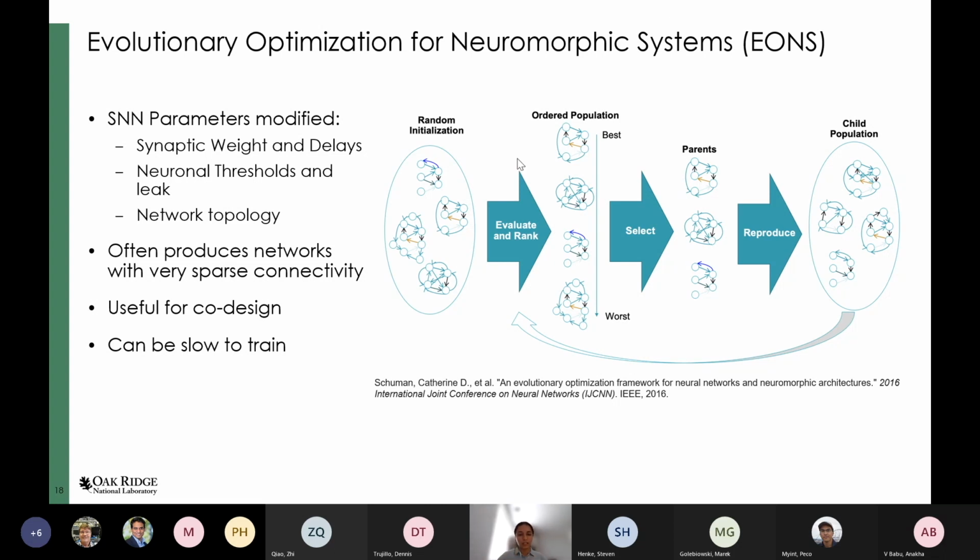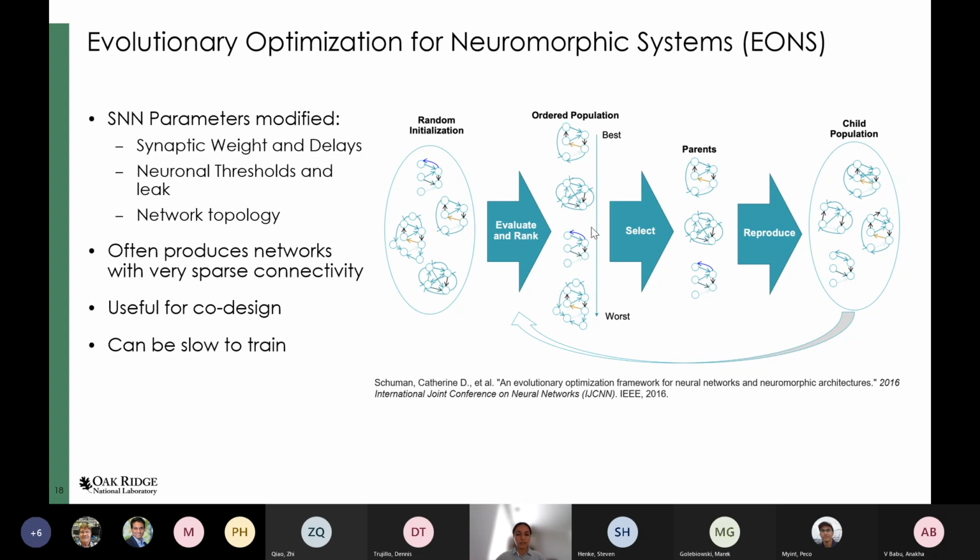We start with a random initial state, which has multiple spiking neural networks that are randomly generated and randomly initialized, both with respect to their topology and their parameters, which include the synaptic weights, delays, neuronal thresholds, and leak parameters.